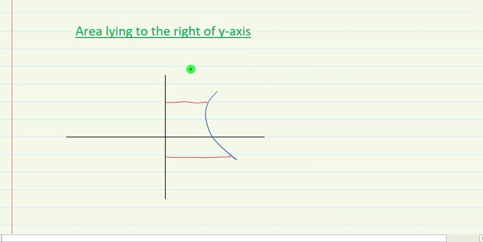Next, we need to find out how to find the area when it is lying towards the right hand side of the y-axis. So here is the curve, and the question will be like to find the area between the curve x is equal to f(y), y is equal to a, y is equal to b, and the y-axis.